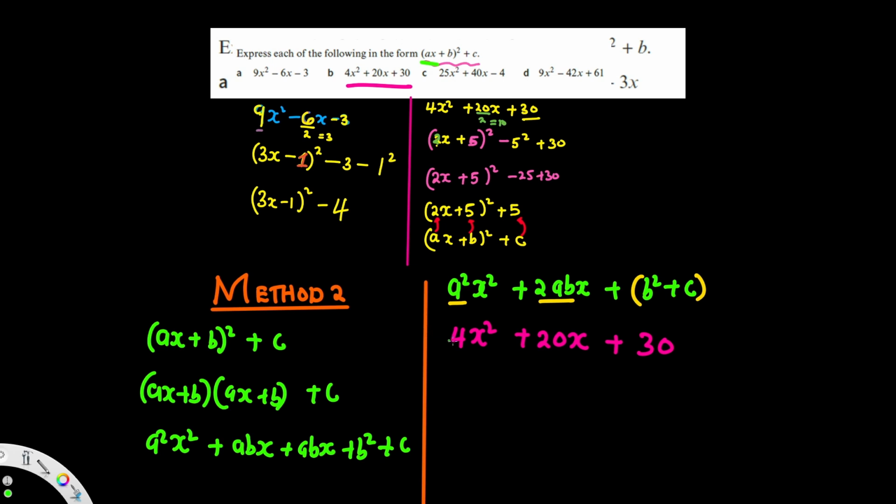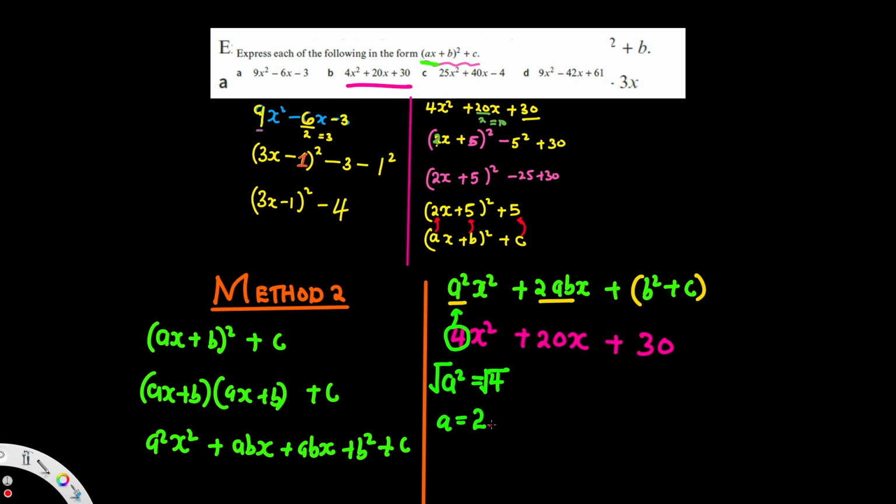So from here you can see our 4 is aligned with a squared. So we can say a squared equals 4. And therefore here if we find the square root, we're going to get our a equals 2.